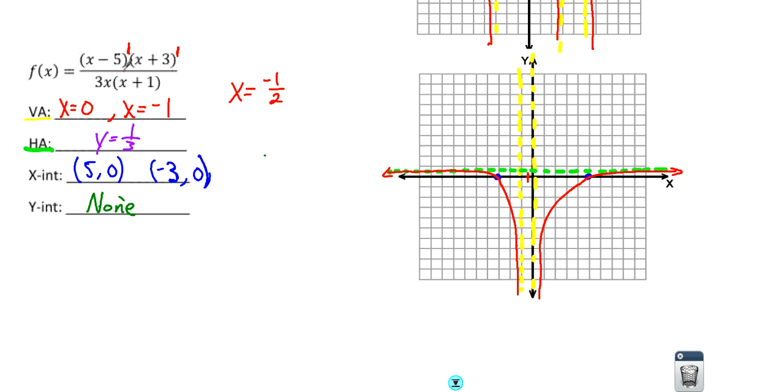When you plug in my first one, you get negative, positive on top. On the bottom, you're going to get negative and positive, because -1/2 plus 1 is +1/2, and that's going to be a negative number. So positive, because negative divided by negative is positive, so the whole thing is positive. So we're on the positive side.